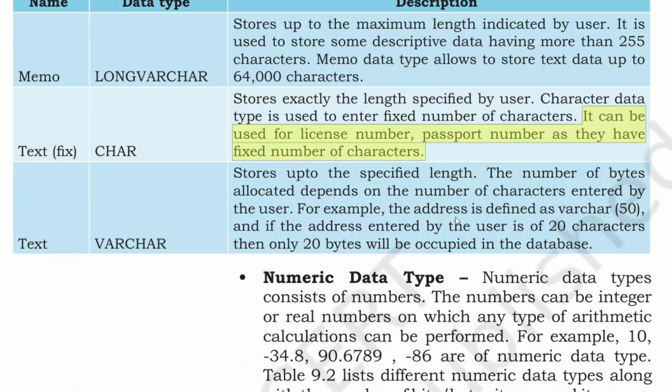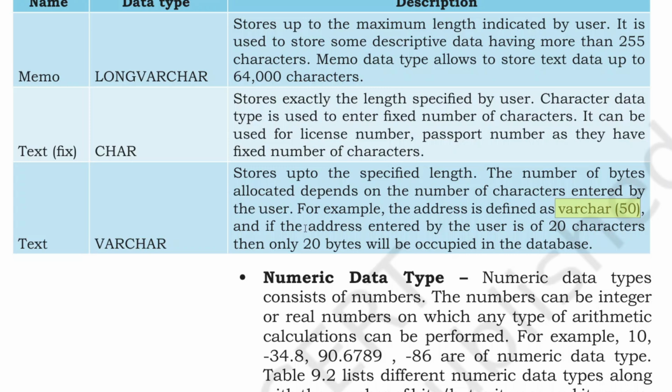Then text varchar stores up to a specified length. The number of bytes allocated depends upon the number of characters entered by the user. What does it mean? Suppose we have taken the varchar as 50. That means it could store 50 characters.